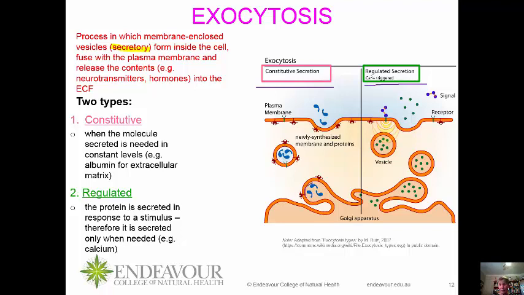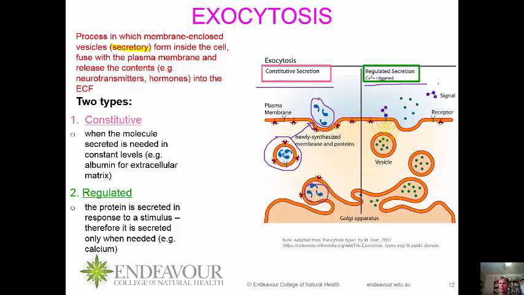So here are your particles that you want to get rid of. So they are wrapped up into a vesicle. So this is your vesicle here. Then that vesicle goes and fuses with the plasma membrane, and it releases the product into the extracellular fluid. And it's doing that all the time.